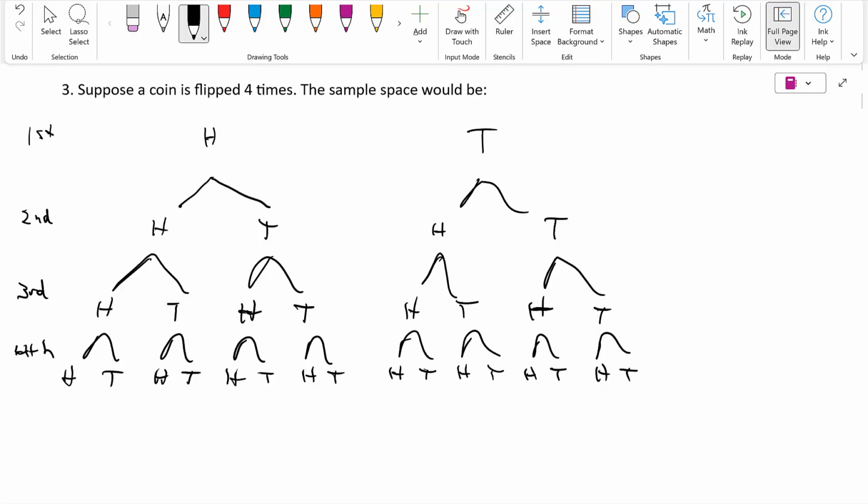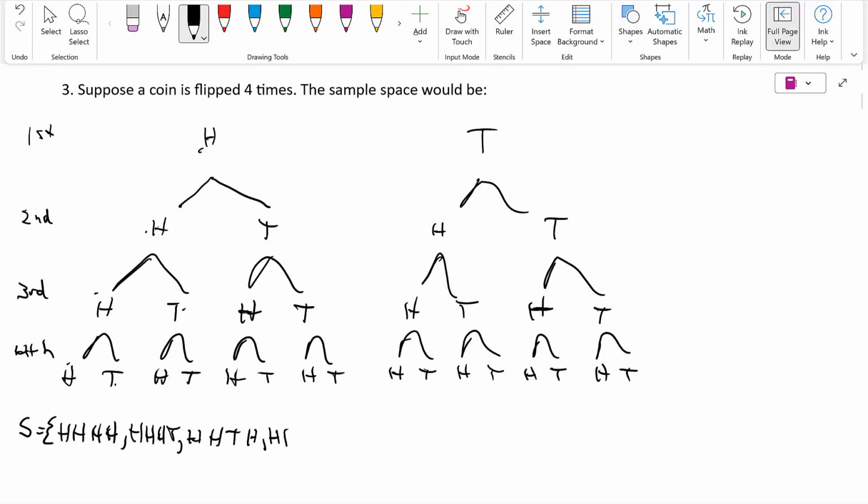All right, so our sample space S then, if we follow all those branches of the tree, we could get heads, heads, heads, heads. Or we could get heads, heads, heads, and then tails at the end. We could get heads, heads, and then tails, heads, following that third branch down to the tail.